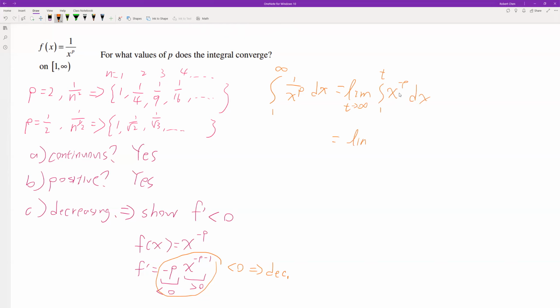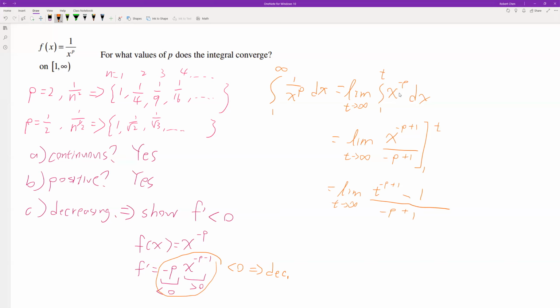We have the limit as t goes to infinity of x to the power of negative p plus 1 over negative p plus 1, going from 1 to t. So let's see what we have. Limit as t goes to infinity, that will be t to the power of negative p plus 1 over negative p plus 1, and then minus 1 to this many powers, so it's 1.